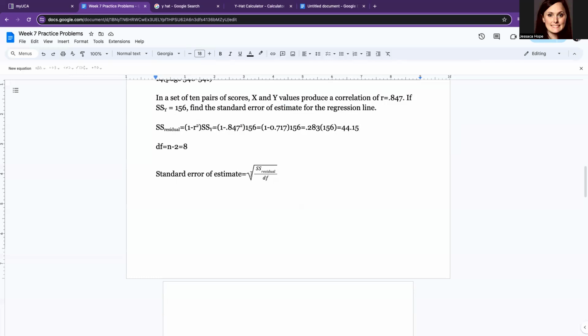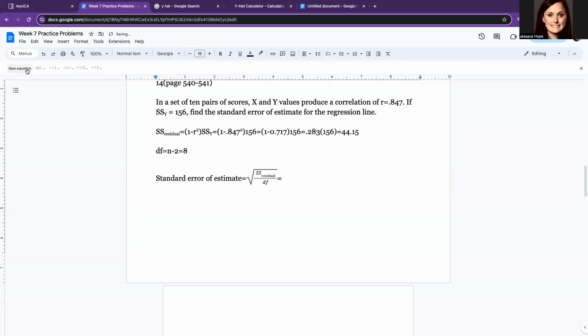So you've got your DF, you've got your SS residual. Now you can get the standard error of the estimate. So I'm going to do square root, SS residual is 44.15, degrees of freedom is 8. 44.15 divided by 8 is 5.519.